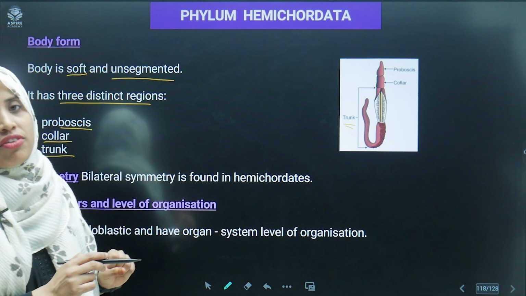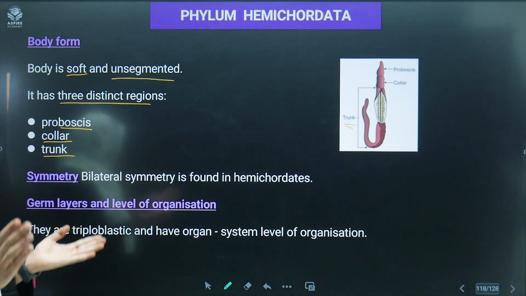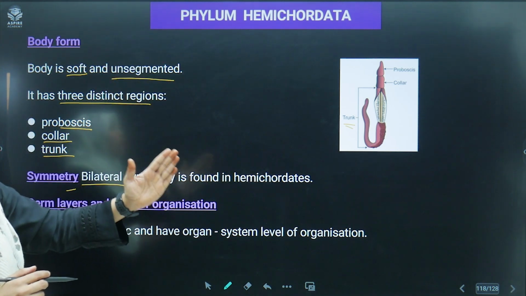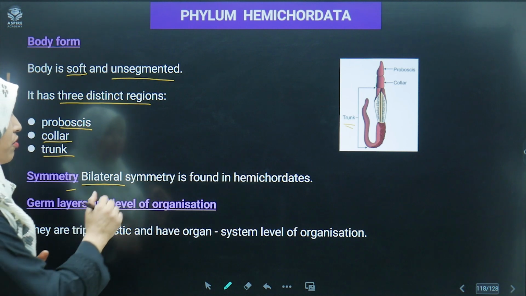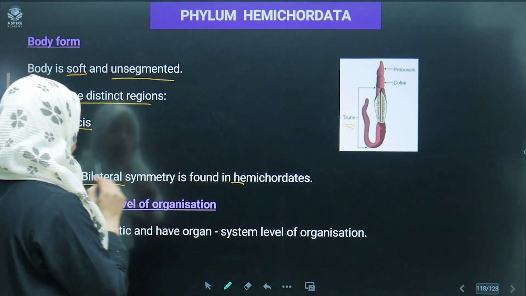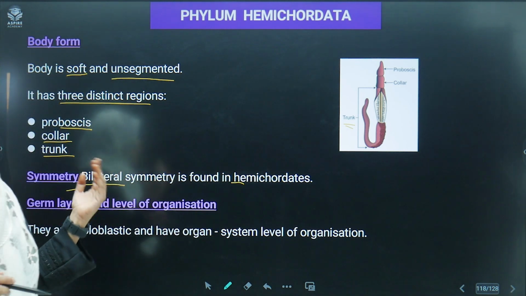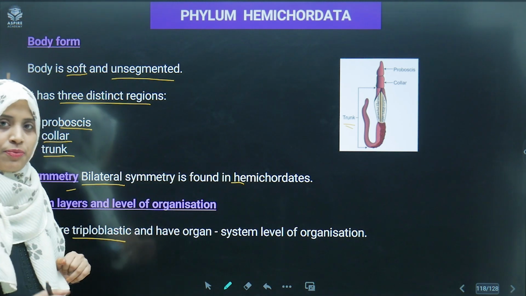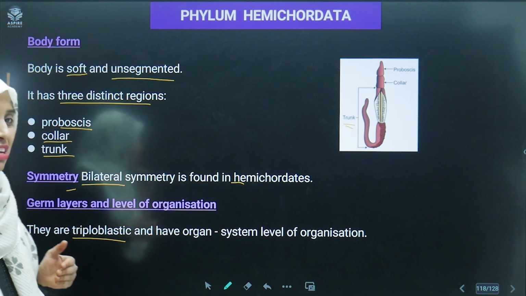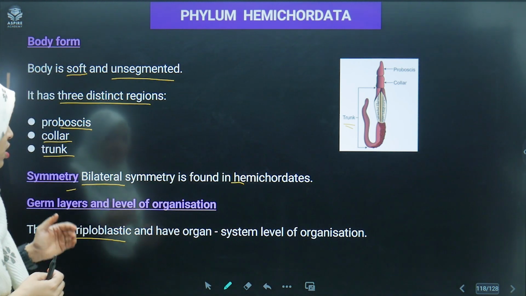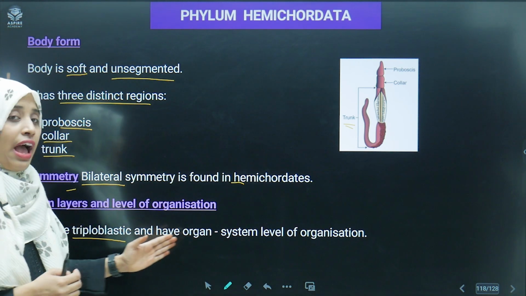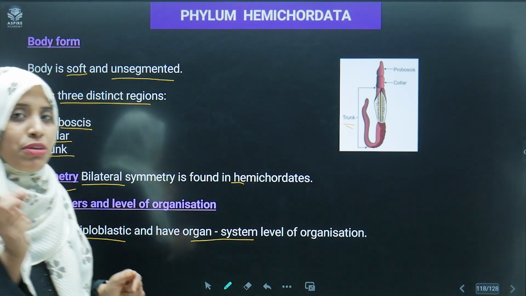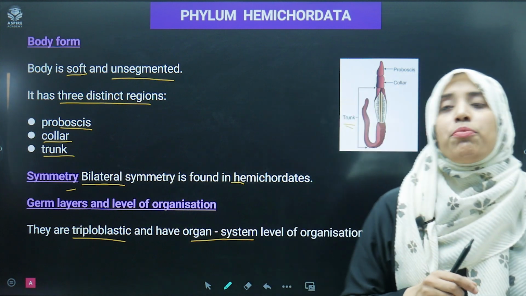What about the symmetry? Can we divide them into equal halves? The symmetry is bilateral. Yes, we can divide it equally into two halves. Germ layer: they are also triploblastic, with three germ layers, ectoderm, mesoderm and endoderm. They again have organ system level of organization, meaning all the systems are well developed in them.